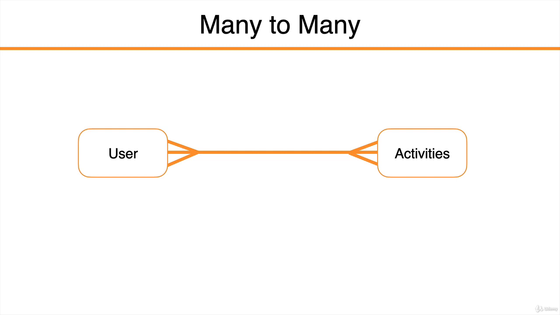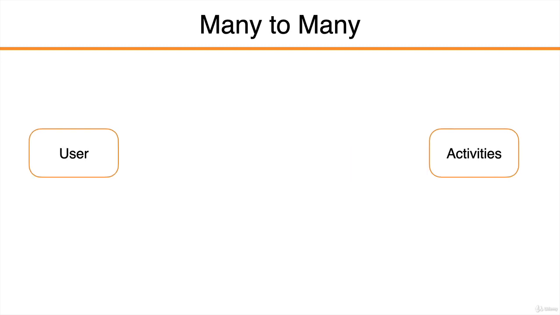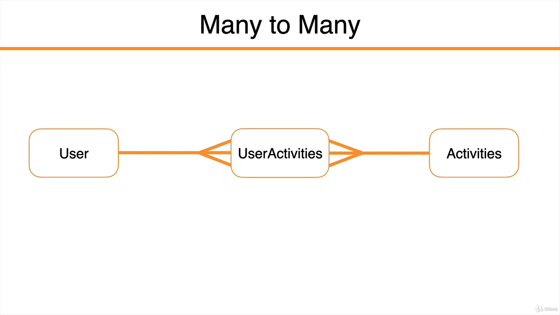But regardless, we need to create a join table in our database to relate these two tables together. In this way, we would have a table called user activities, and our activities would have a one-to-many relationship with this, and our user would have a one-to-many relationship with the user activities table.